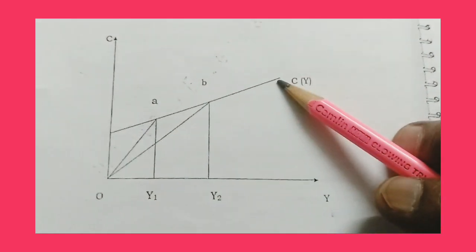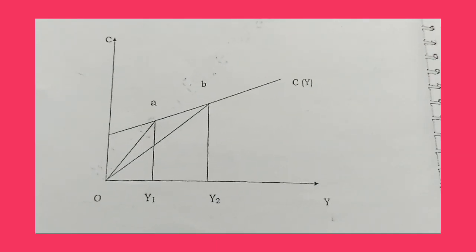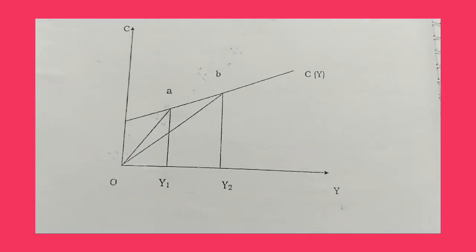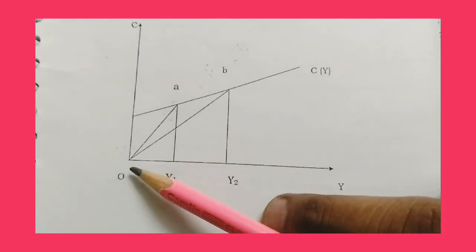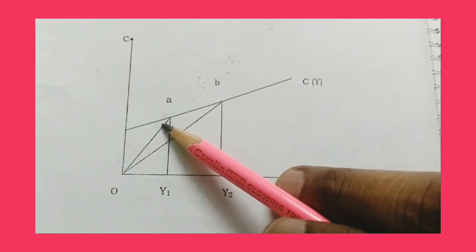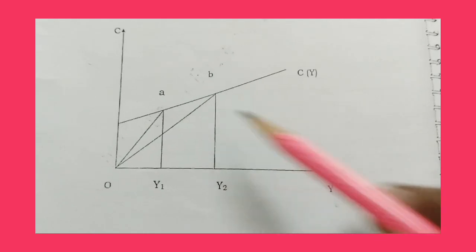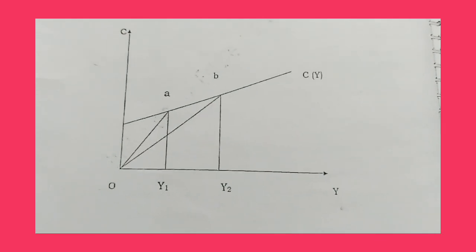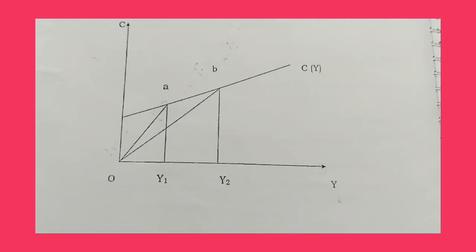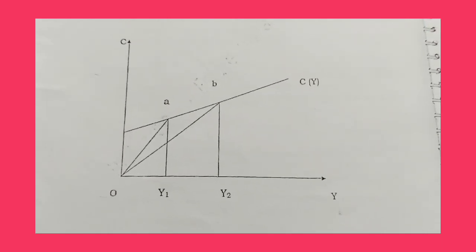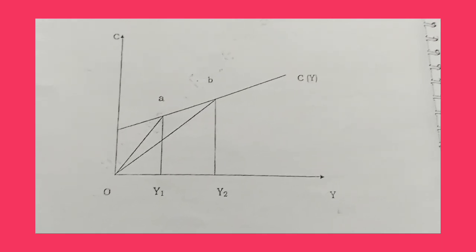The slope of the rays like OA, OB, joining origin to any point of the consumption line represents the average propensity to consume.